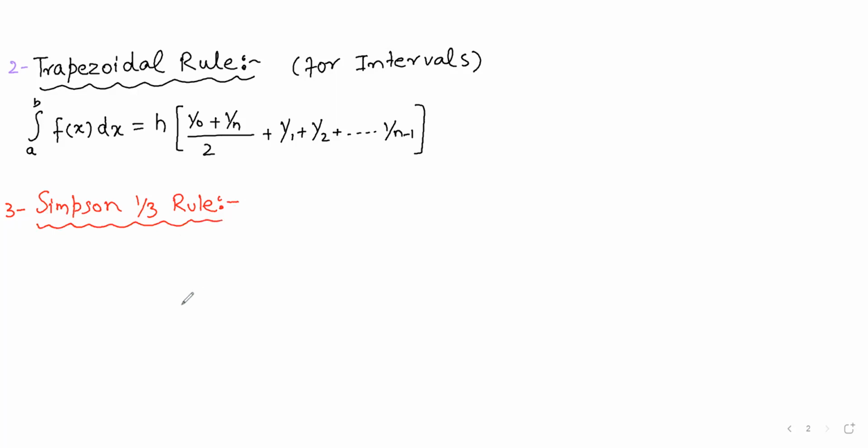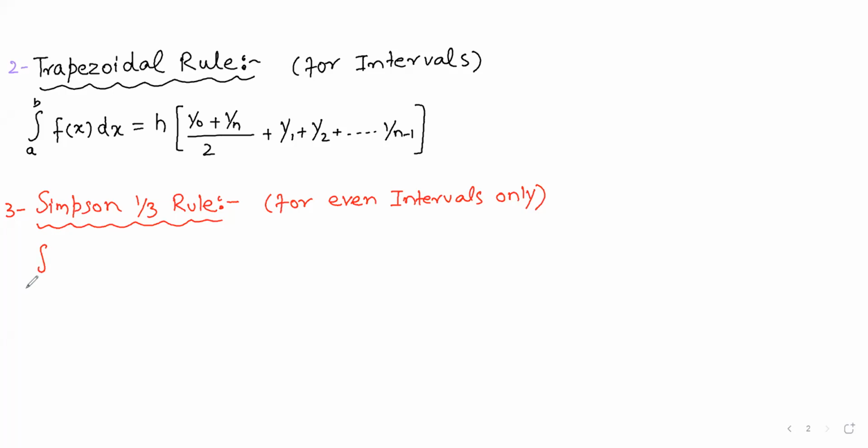Simpson 1/3 rule is applicable only for even intervals. So how is the formula given?